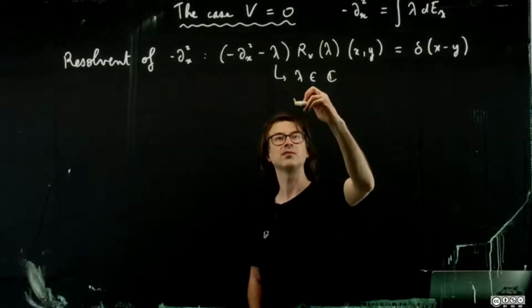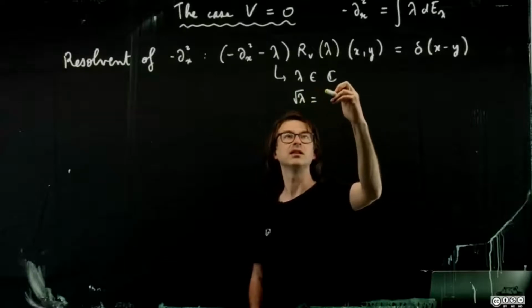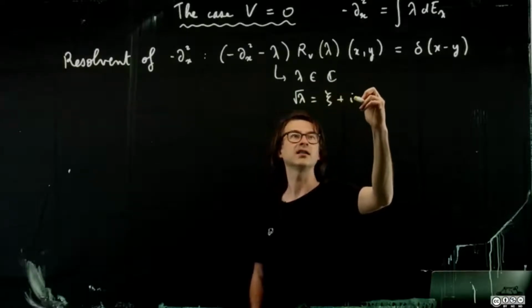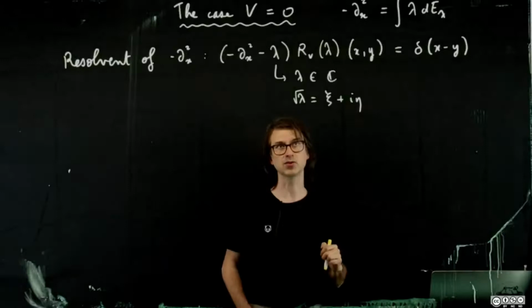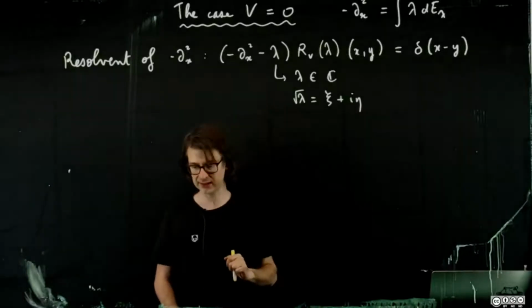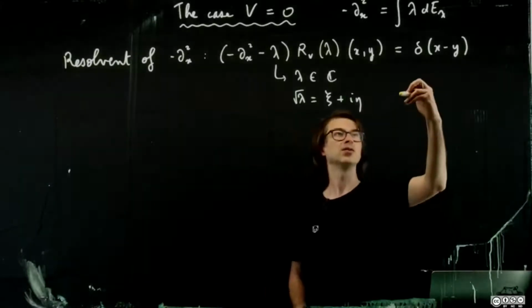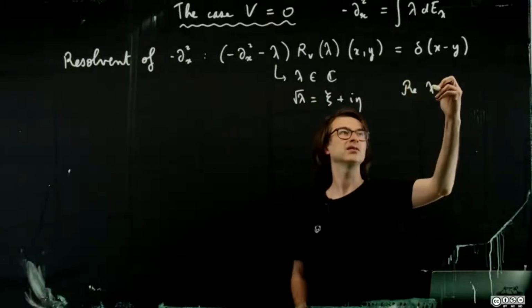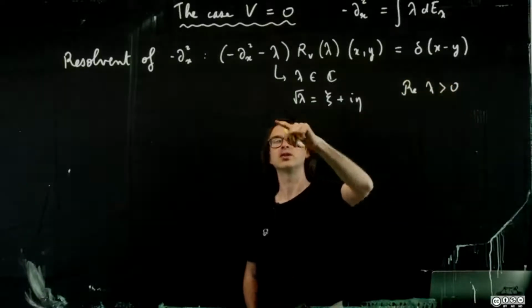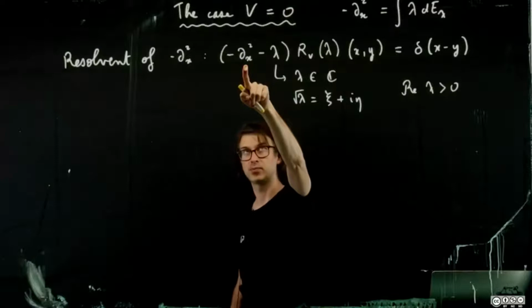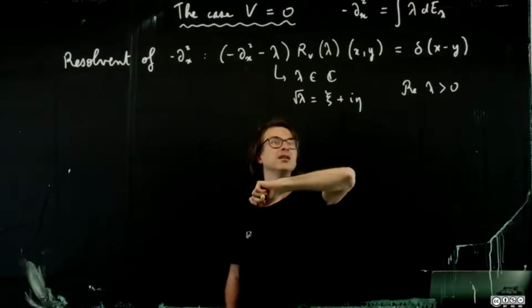and square root of lambda is xi plus i eta. The difficult case is when the real part of lambda is positive, because minus dx squared has positive spectrum.